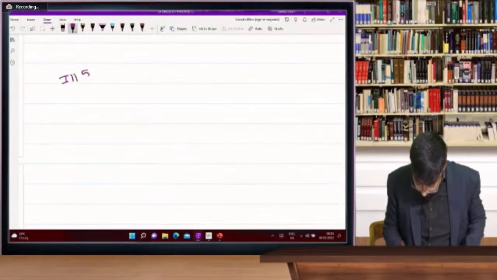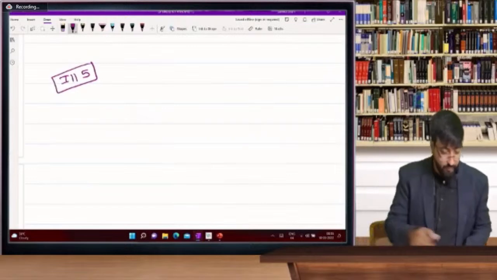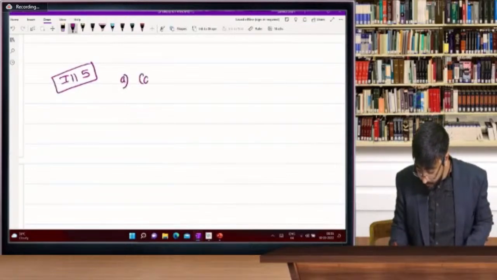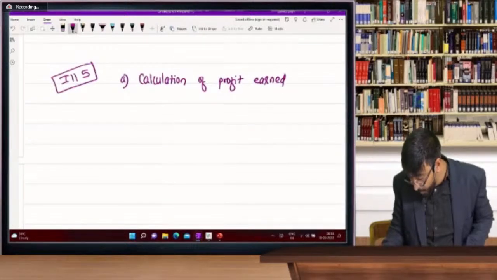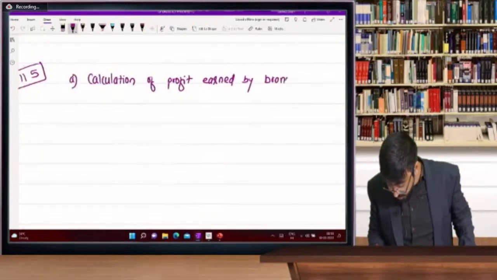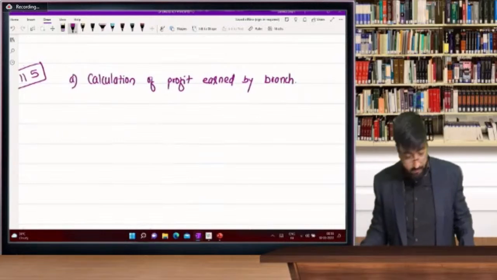ILU 5. Number A. Calculation of profit earned by branch. Calculation of profit earned by branch.